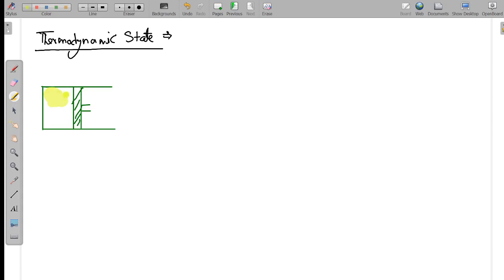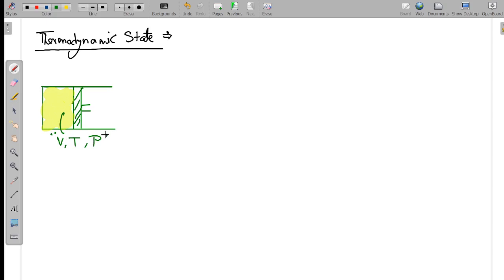If there is some fluid there. Okay. So at this time, if the piston is stationary or the system is in equilibrium, then I can define a volume of this piston cylinder system. I can define the temperature of this piston cylinder system, and I can also define the pressure of this piston cylinder system.